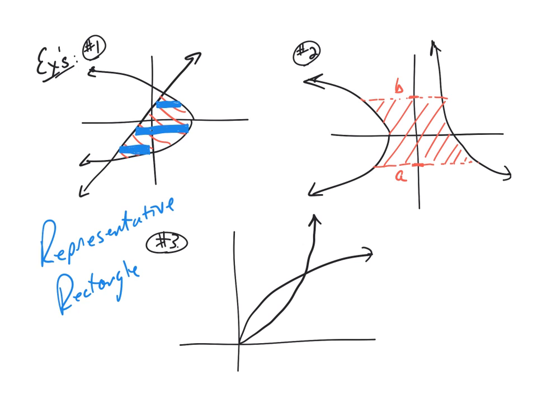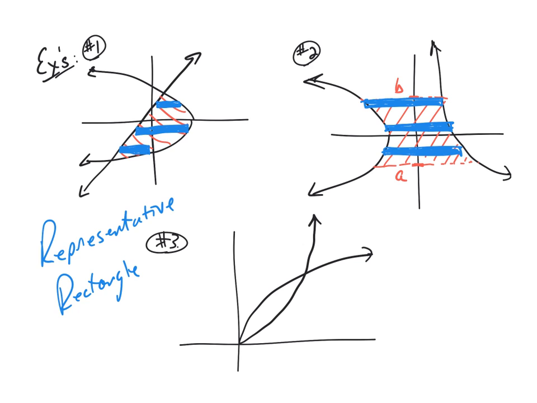Well, on the right-hand side is going to be the parabola everywhere, and on the left-hand side everywhere it's going to be the straight line. So the horizontal rectangles, again, are going to be the way to go. In my second example, again, no matter where I draw a rectangle in, high, middle, low, anywhere you draw it, one curve is always on the right-hand side, the other curve always on the left-hand side. All right, so again, horizontal rectangles are going to be a really good way to represent the area that we're trying to find.